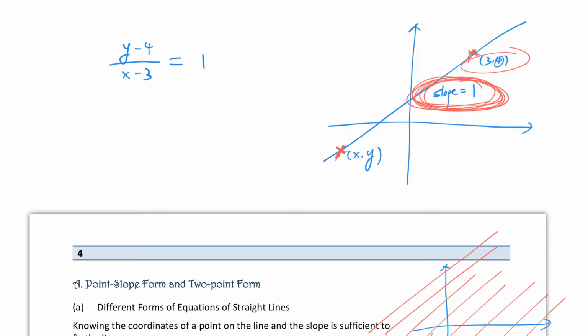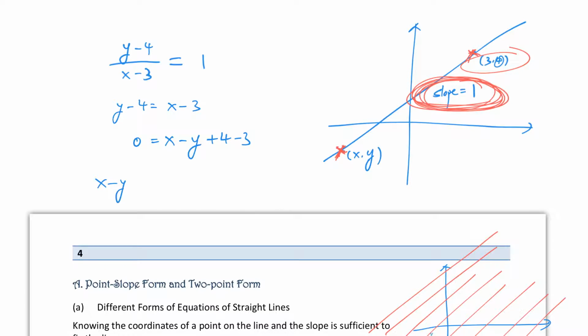I know all the points on the straight line must satisfy this equation, because for all the points on this straight line, the slope between that point and (3, 4) must be equal to 1. So I can simplify it. Multiply by x minus 3 on both sides, and then move all the terms to the left hand side: subtract x on both sides, and add 4 on both sides.